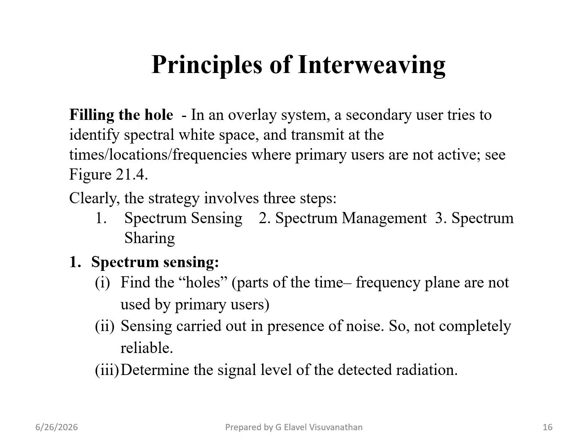So clearly the strategy involves three steps: spectrum sensing, spectrum management and spectrum sharing. What is meant by sensing, management and sharing? First of all it should sense the hole. A hole is nothing but an unused band. We sense this unused band and convey it to the spectrum management.